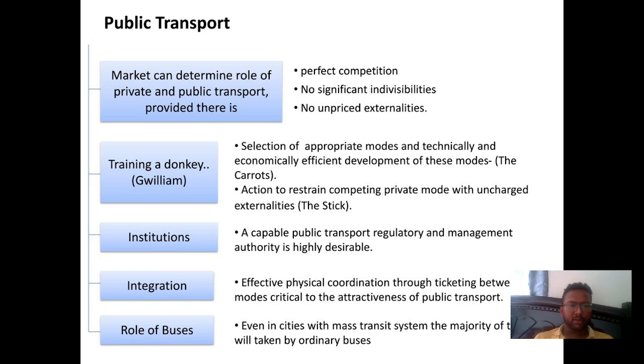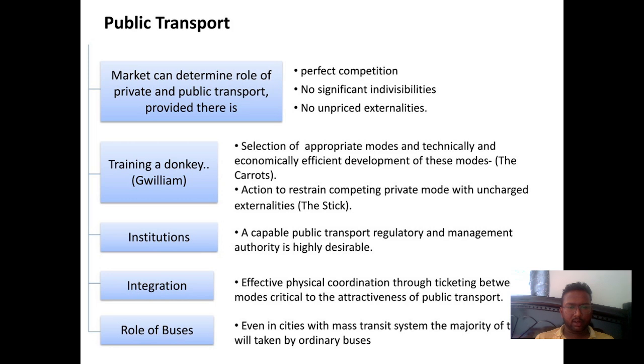Public transport: the market can determine the role of public and private transport provided there is perfect competition, no significant indivisibilities, and no unpriced externalities. Training a donkey: selection of appropriate modes and techniques and technically and economically efficient development of these modes is the carrot.